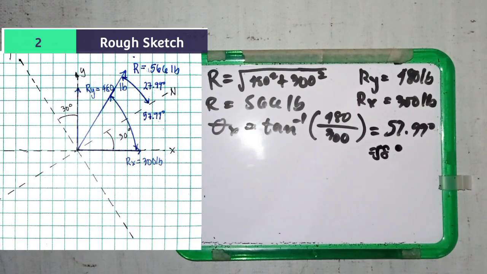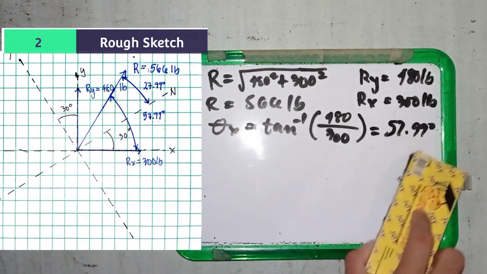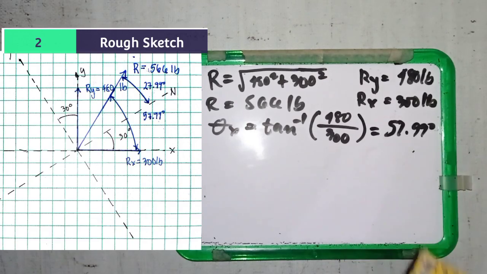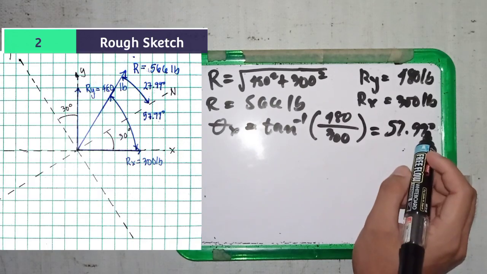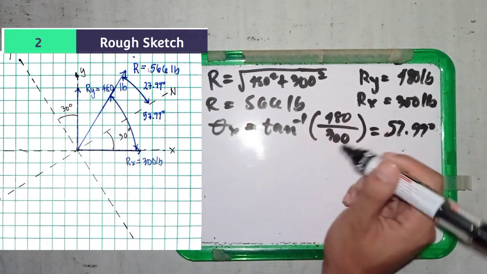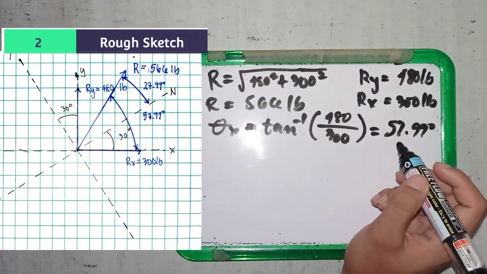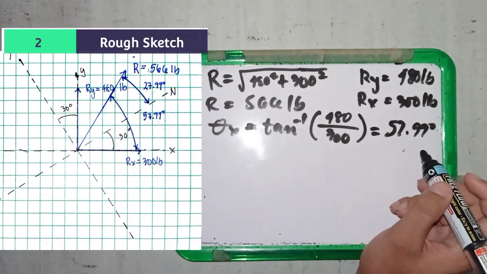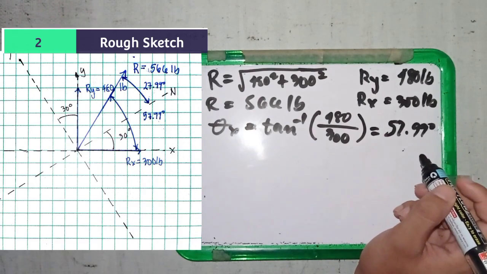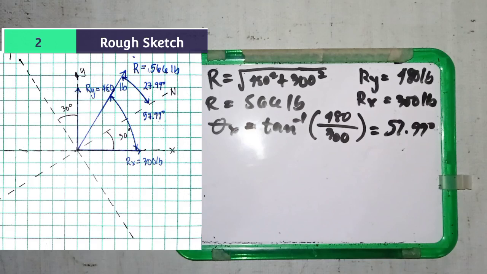And since I use this, so let's use the 57.99 degrees in resultant direction. Next is we need to find the angle rotated, we need to relate the angle to n and t axis rotated counterclockwise.